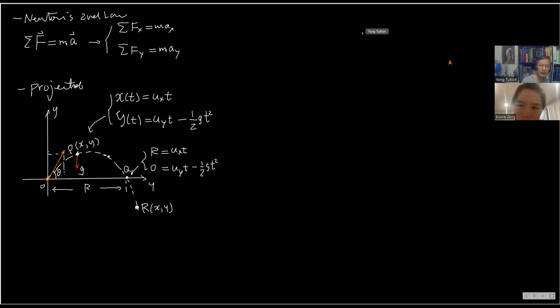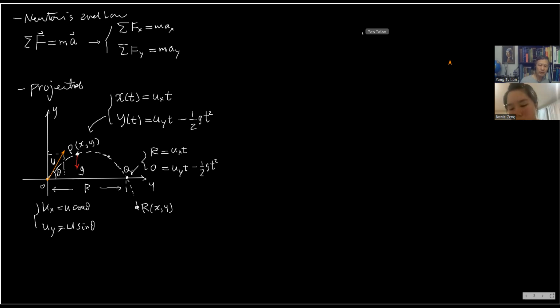So that is another additional formula: the x component ux is equal to u multiplied by cosine theta, right? And uy is just like the projection of a vector, u sine theta. So this is a summary of projectile motion.